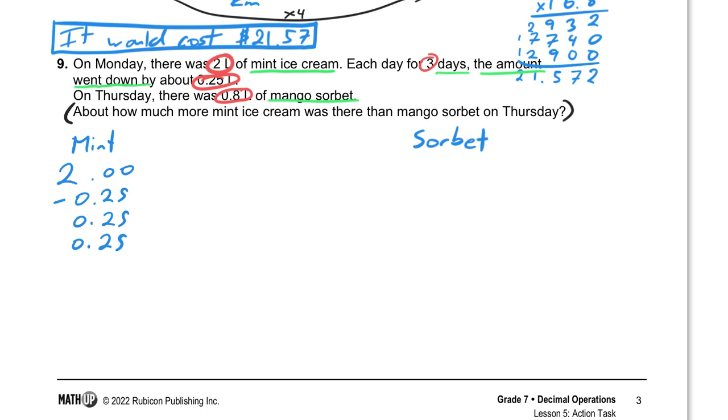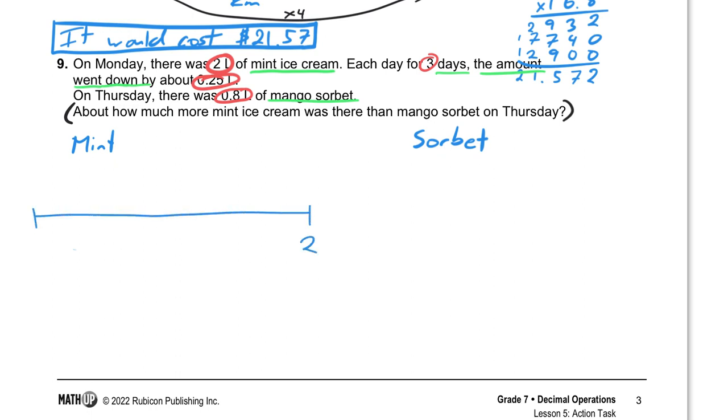I'm going to put this on a number line real quick. I think a number line is, a picture speaks 1,000 words, doesn't it? So here, we started out with 2. And let's say this is 0, okay? And this is 1. A quarter of a liter, right? It goes down by. So here's 1.5. Here's 1.75. Here is 1.25, okay? It goes down by a quarter of a liter, 0.25.